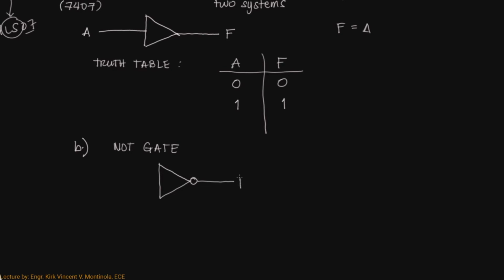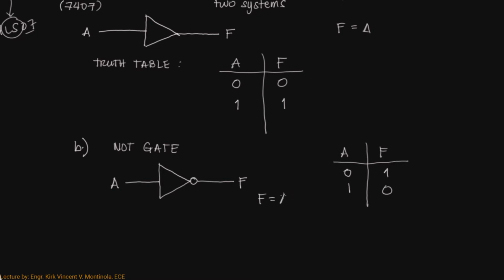And then this should be the output F. Your NOT gate also has one input, and let's call that your input A. And then the truth table: we have A and then we have F. Then we have two states because we are talking about binary logic. Then we have only 0 and 1, and then just inverse or complement the input. So you have 1 and then this one is 0. Then the expression of this one is F equals NOT A.